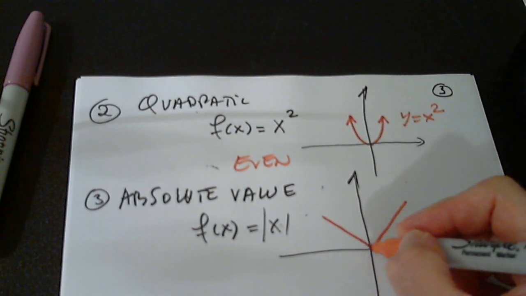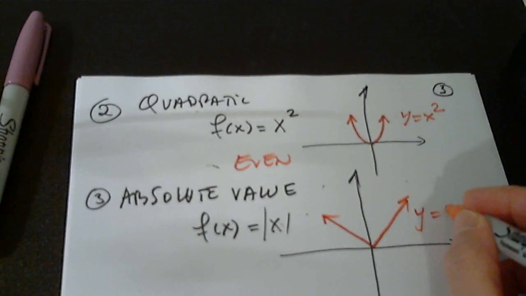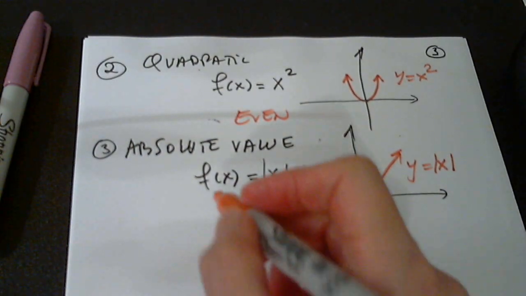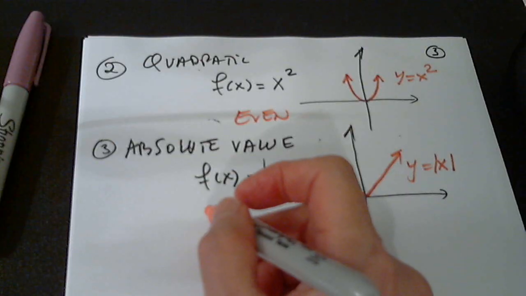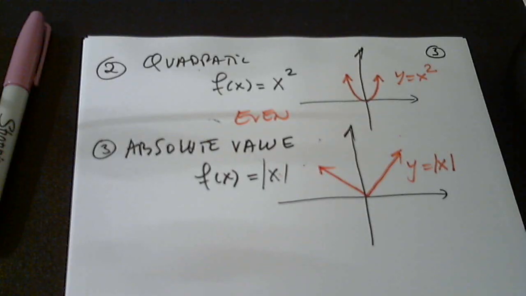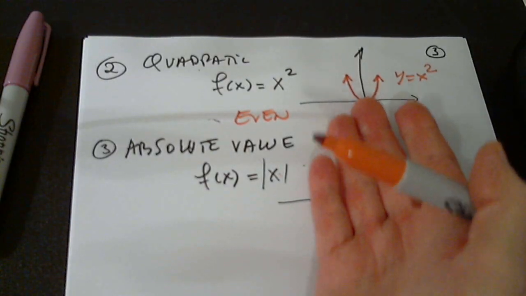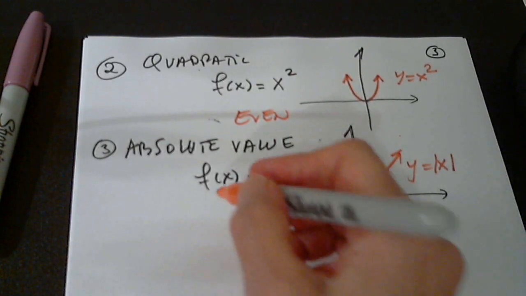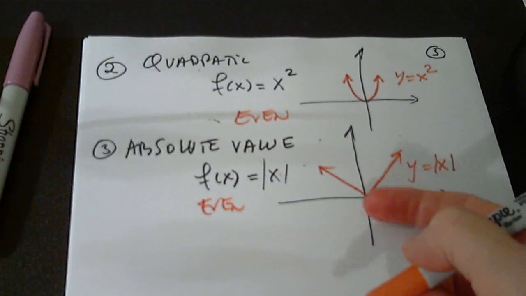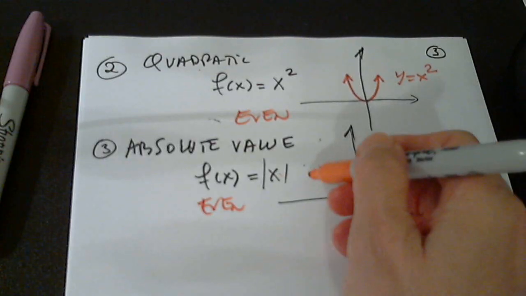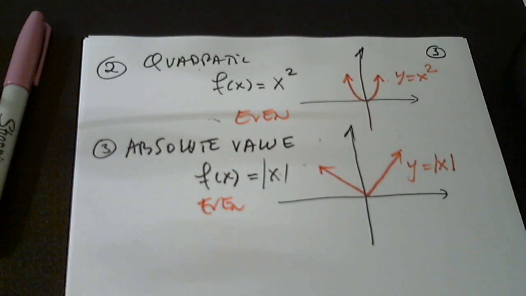The v function, y equals the absolute value of x, odd, even, or none of the above? Would it also be even? Of course. What I have in the first quadrant, I have in the second. Maybe my graph is not perfect, but what I have in the first, I have in the second.